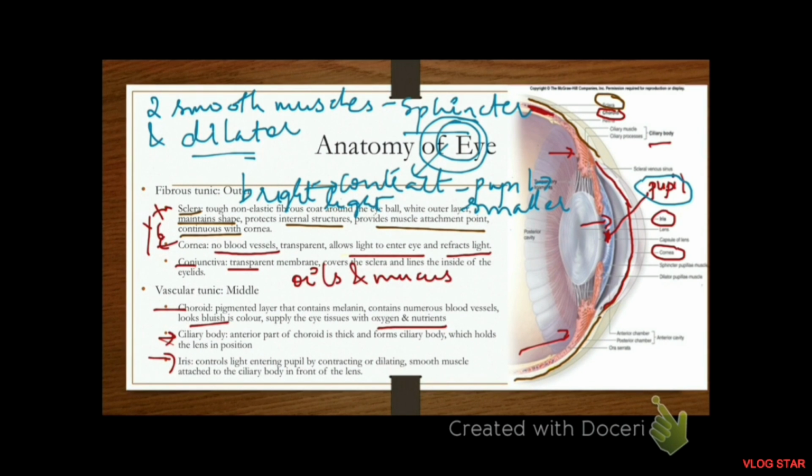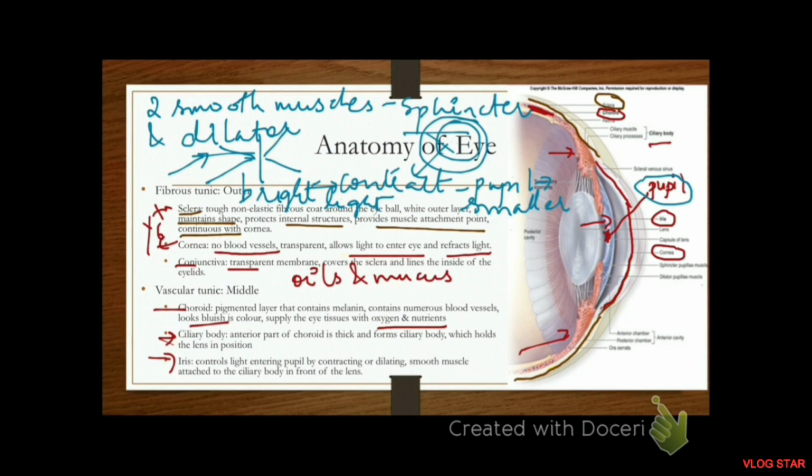Right? So what will happen in dim light? Exactly opposite. The dilator muscles are the radial muscles, like this. Actually on top of this you will have the radial muscles. These muscles are arranged in a radial manner, so they will contract when there is dim light, and that will make the pupil size bigger.